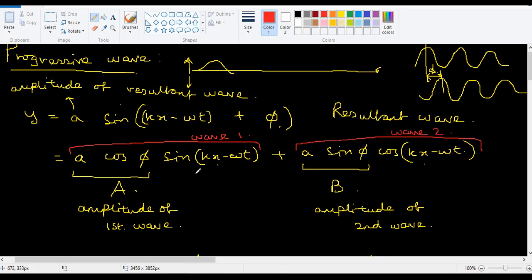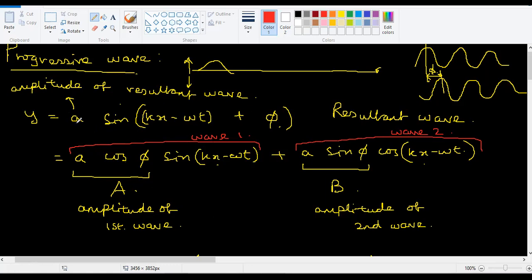If I have something in terms of sine and cos in two different waves, I can write it like this. Whatever is in front of sine is your amplitude, and whatever is in front of cos is also your amplitude. So this is the amplitude of the first wave and this is the amplitude of the second wave. After that, this is your resultant wave.